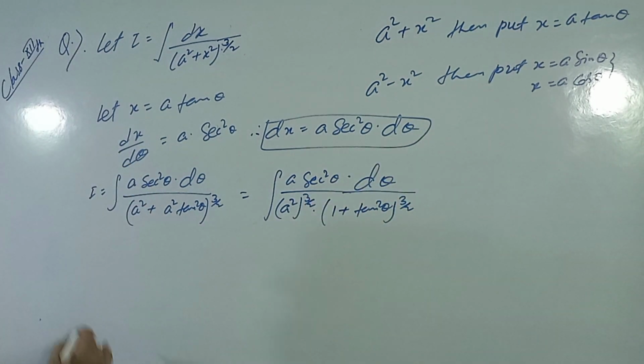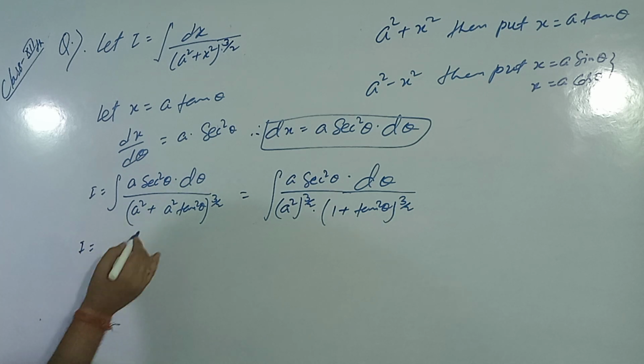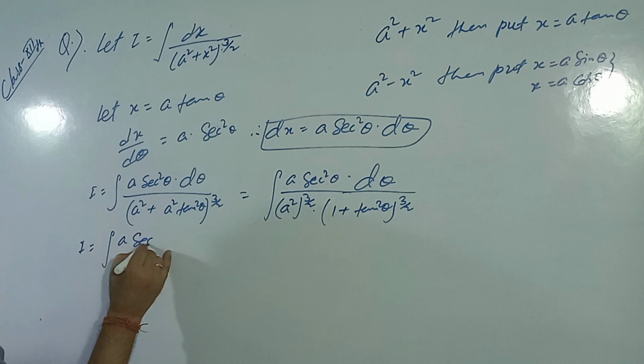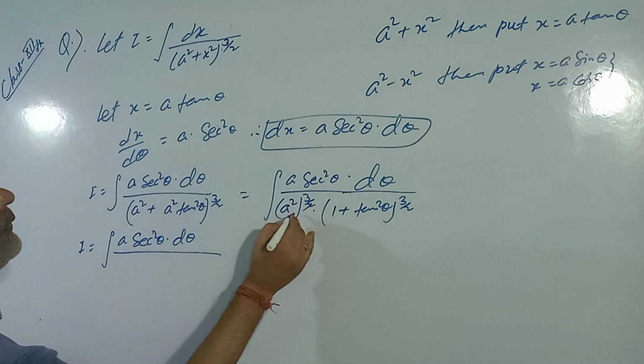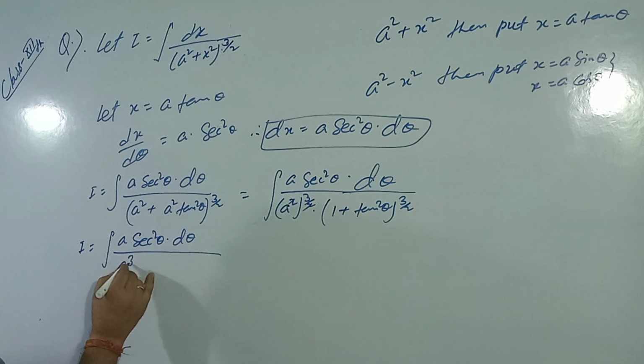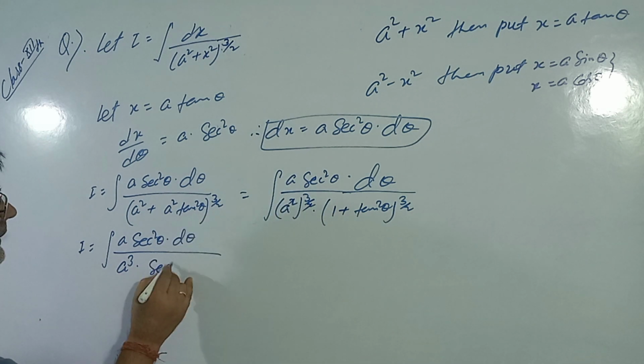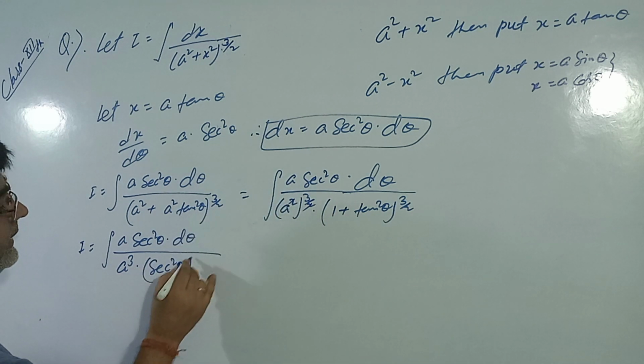So I equals the integration of a sec square theta d theta over, that means a cube into 1 plus tan square theta, which is sec square theta, whole to the power 3 by 2.